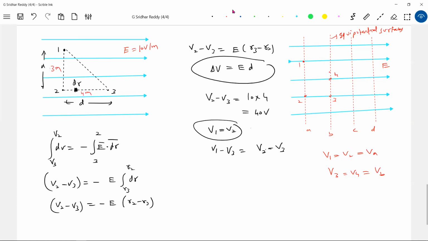So let's analyze this problem. Potential difference V23 is equal to V24. Similarly, it is also equal to V14. It is also equal to V13. The distance is just R3 minus R2. You calculate somewhere here R3 and this is R2.